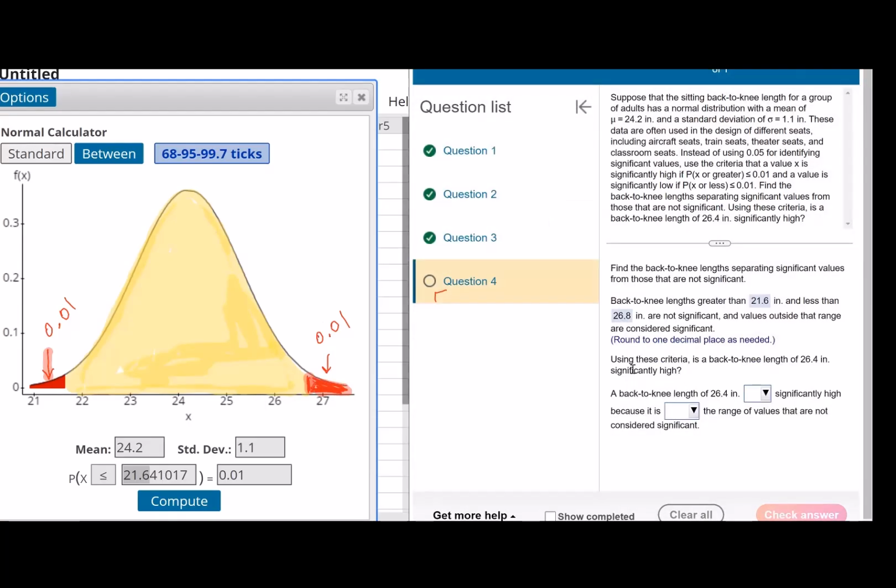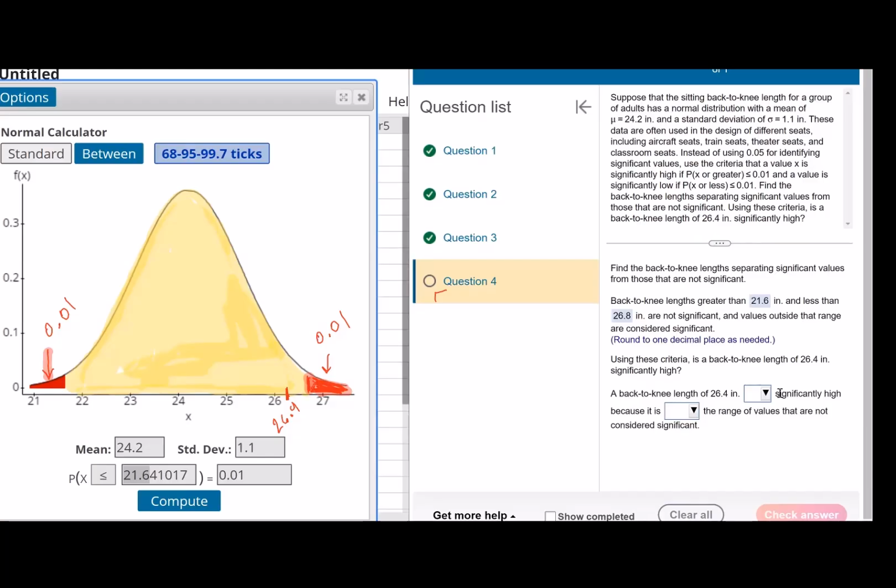Now, using this criterion, is a back-to-knee length of 26.4 inches significantly high? 26.4, it's around here. Is it in the critical region or is it in the region that we're looking for?